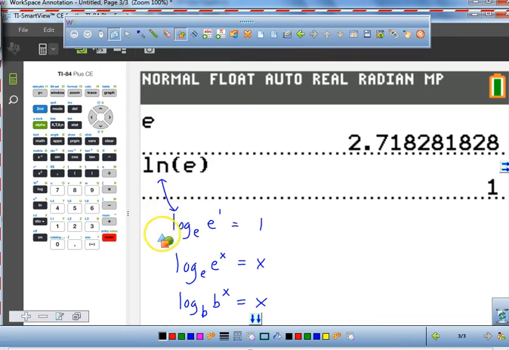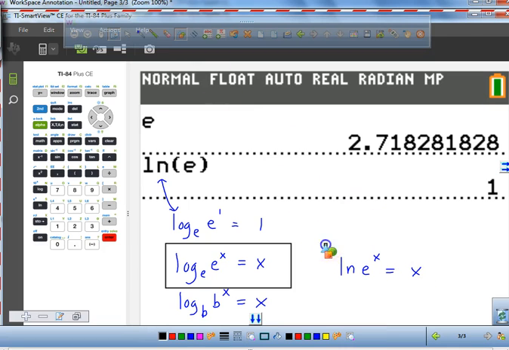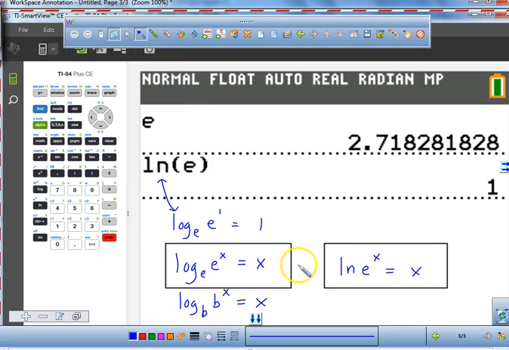So this is the pattern that I want you to notice. The natural log of e to the power of x will always just equal x, because these right here that I have in rectangular boxes mean the exact same thing.